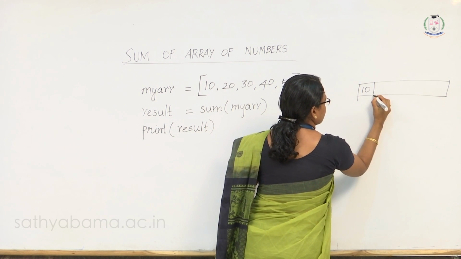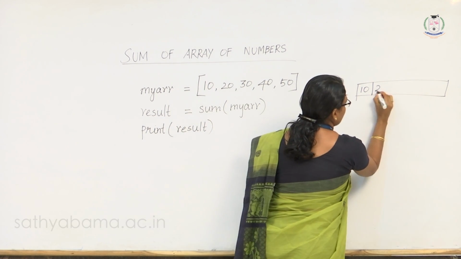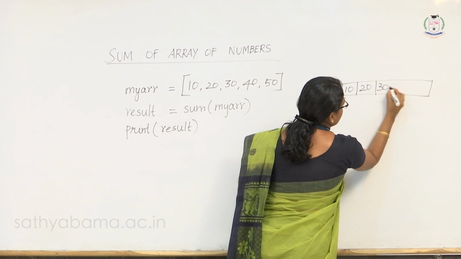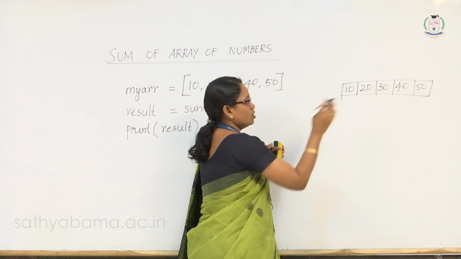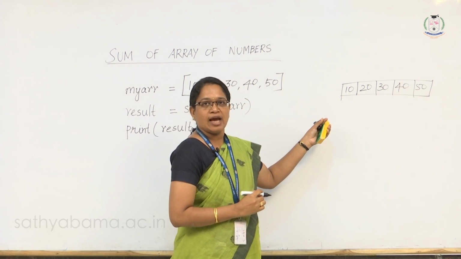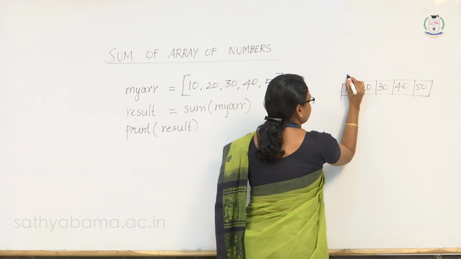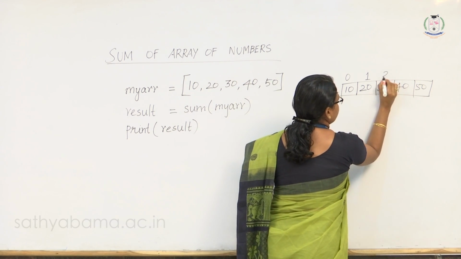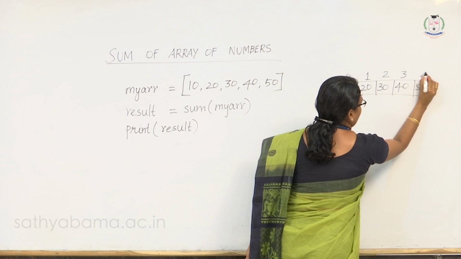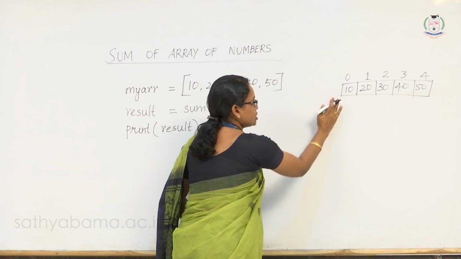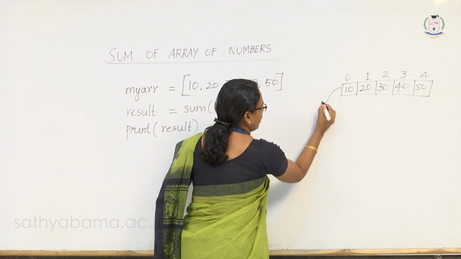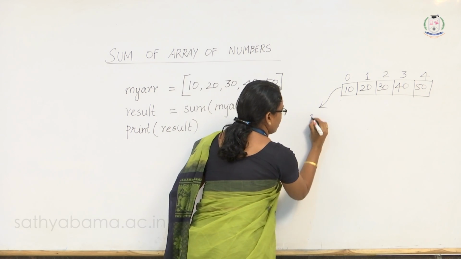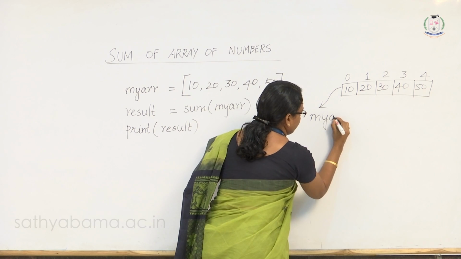The numbers are 10, 20, 30, 40, 50. Each number will be assigned an index. This list of numbers is assigned to a variable called myArray.